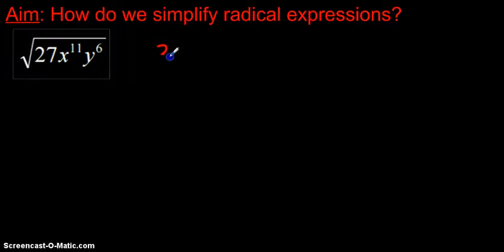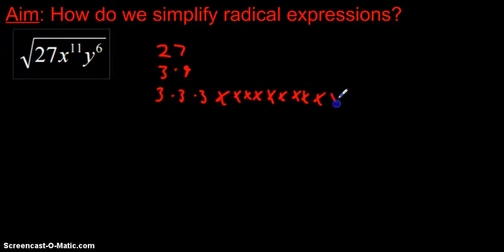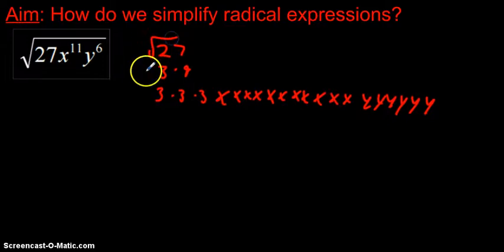So 27 will break down to be 3 times 9, which becomes 3 times 3 times 3. x to the 11th is 11 x's, and 6 y's. And again, these are all square roots.